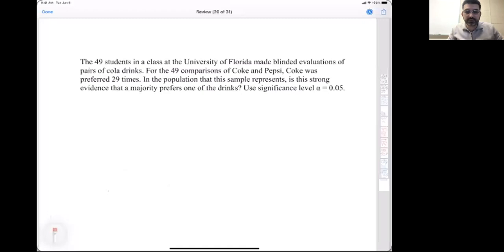Okay. So it looks like here we are talking about what? The proportion, right? Here you have to evaluate your preference. Do you like Coke or Pepsi? Yes or no?